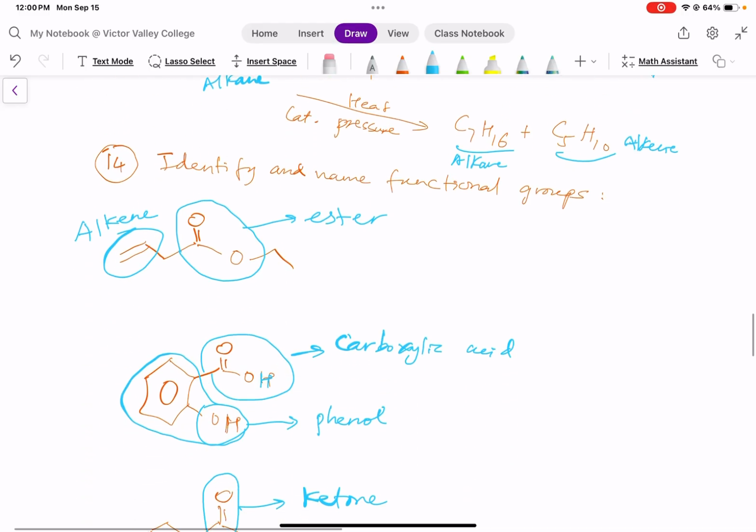Coming up, the functional groups. We got ester. It has to be 2 oxygens to be an ester. Alkene, just a carbon double bond. We got carboxylic acid. We got phenol, which is a benzene ring with the OH anywhere on the molecule you want.